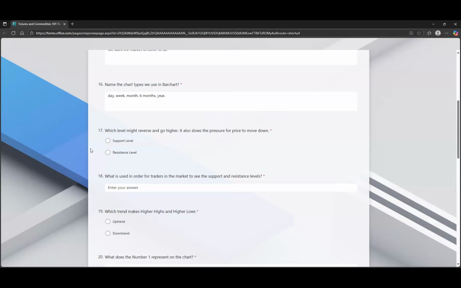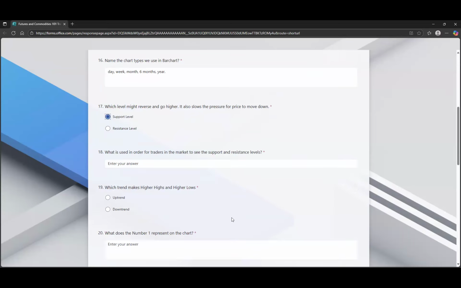Ceiling and floor. Okay. So if it also slows the pressure for the price from going down, what would that be? Support. Yeah, support. I'm going to say the same thing. Definitely support.